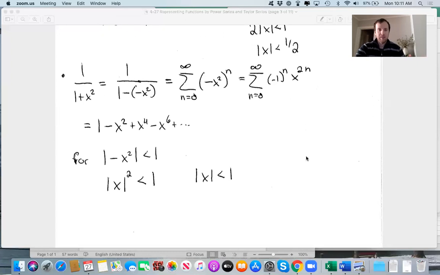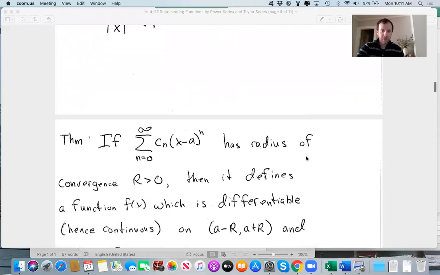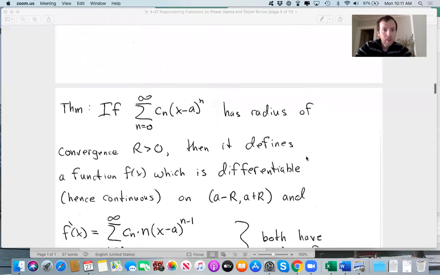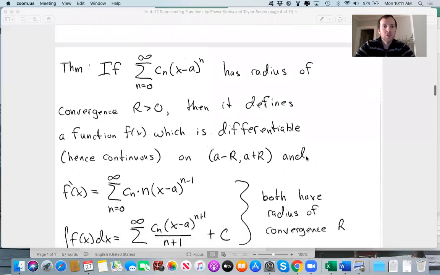So what does that exactly mean, a little more carefully? The situation is this. If you have a power series with whatever coefficients and center a, and it has a radius of convergence r greater than 0. So this r could be finite, this might just converge on a finite interval, or this r could be infinity, meaning this series converges everywhere.